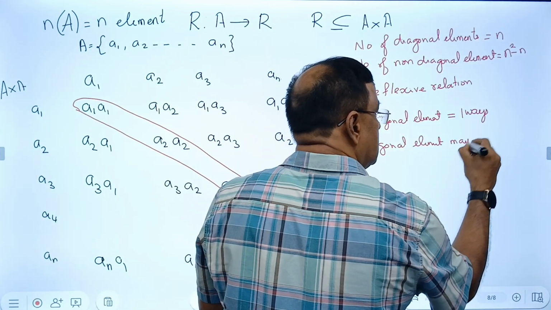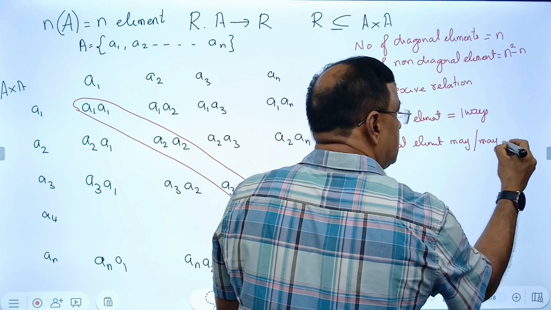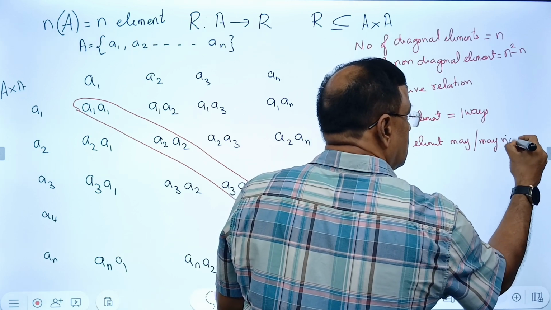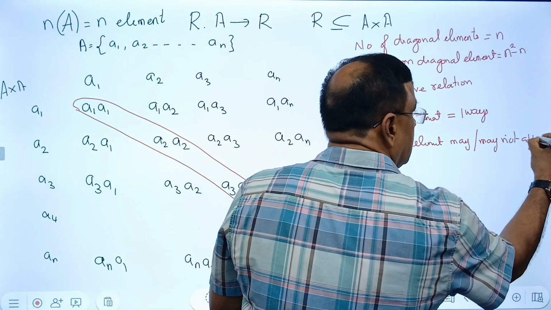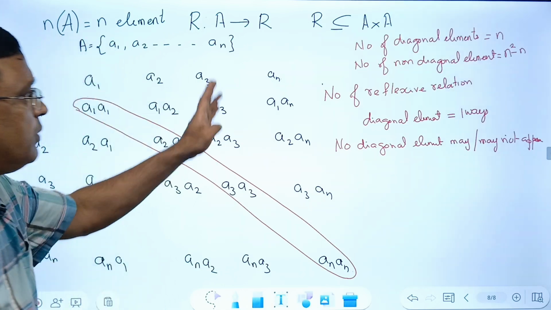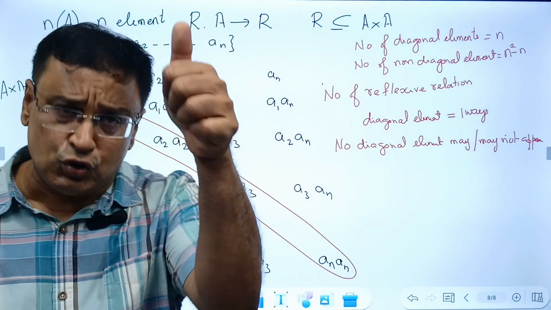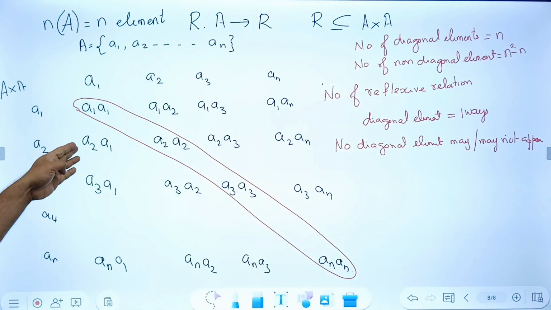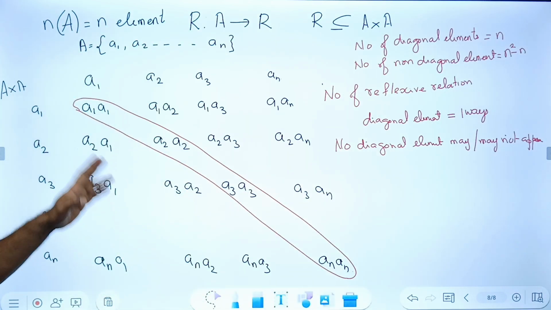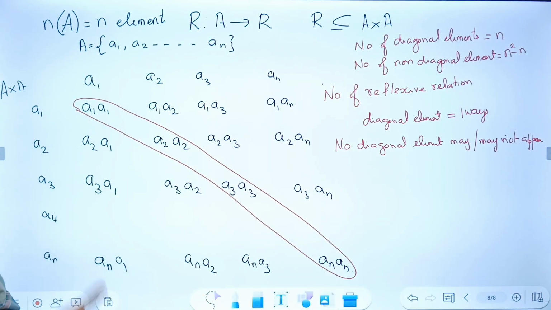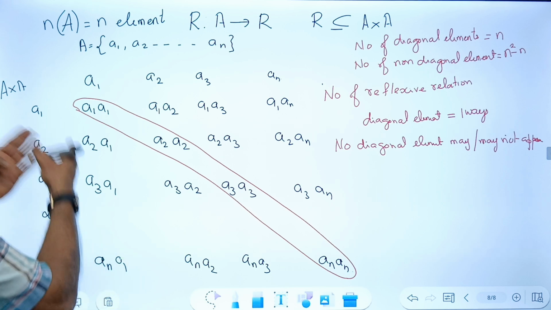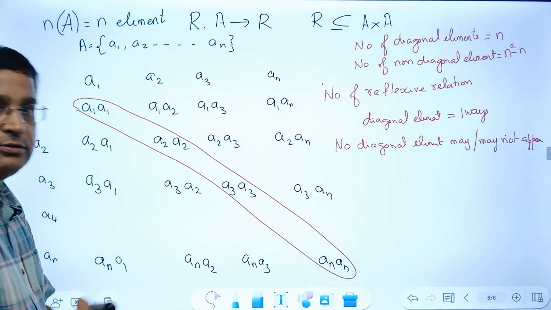You know, A11, A22, A33, ANN should be there, but whether A21 or A31 is present or not, it doesn't matter for a reflexive relation, because if it's there or not there, it will be reflexive.